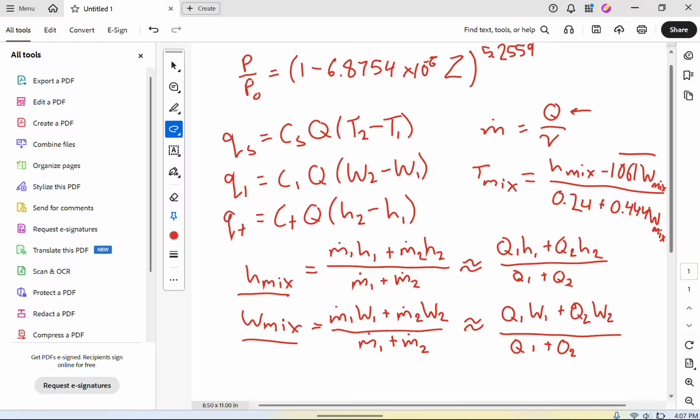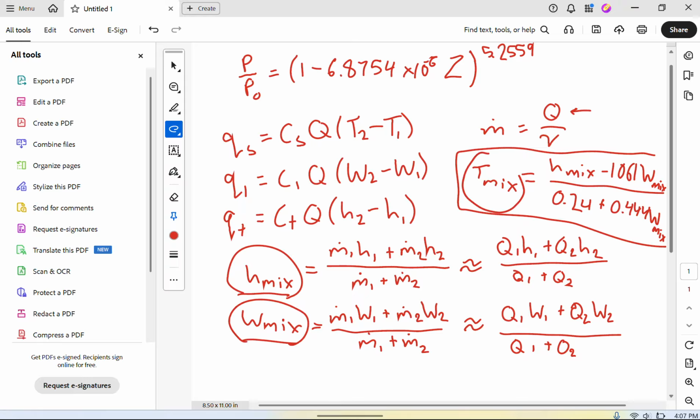I apologize for running out of room on the edge there, but once you calculate H mix and W mix, you can get this value T mix by rearranging that enthalpy equation that was the relationship between temperature and humidity. So this equation here was just the rearrangement of H equals 0.24 dry bulb temperature plus humidity ratio times 1061 plus 0.444 times your dry bulb temperature. Rearranging that, we get this, to solve for dry bulb temperature.